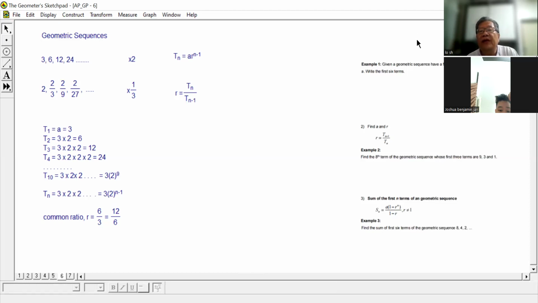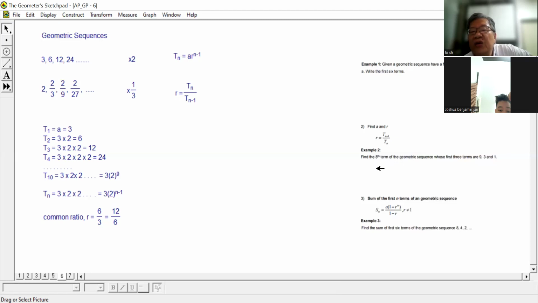If you look at the questions in your lecture notes, write down the first 6 terms. They give you the a and the r. Then find the 15th term. Then find the a and r.